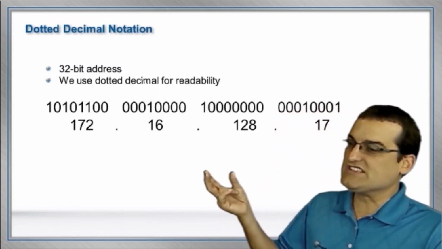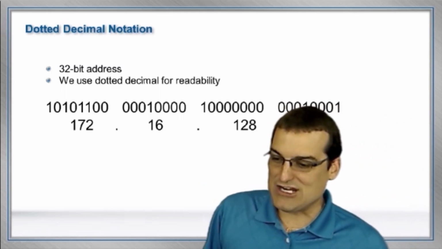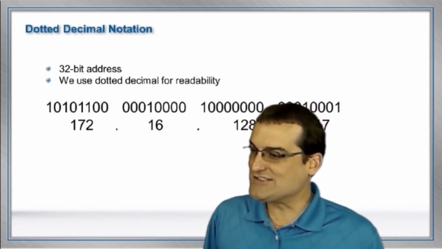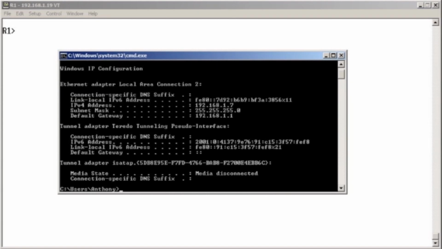Now, when the computer displays them to us, it of course utilizes the dotted decimal notation. Let's go ahead and take a look at that. If I bring up my command prompt, so we're on a Windows machine right now, and we use that ipconfig command, the computer says, okay, you are using an Ethernet adapter to connect to the network, and your IP address is, and look at this, they give it to us in that nice dotted decimal notation.